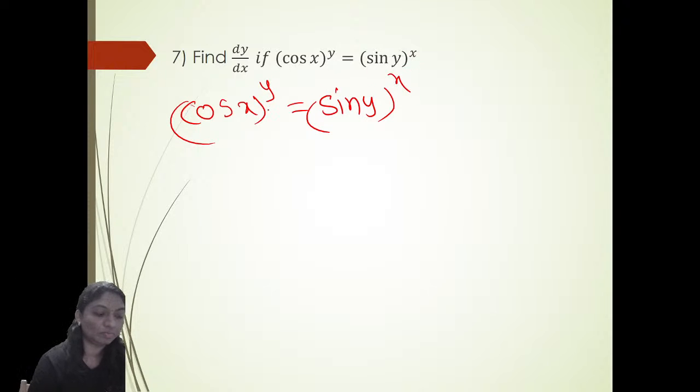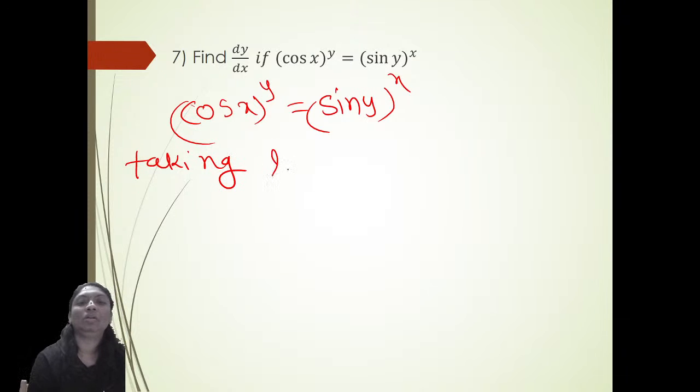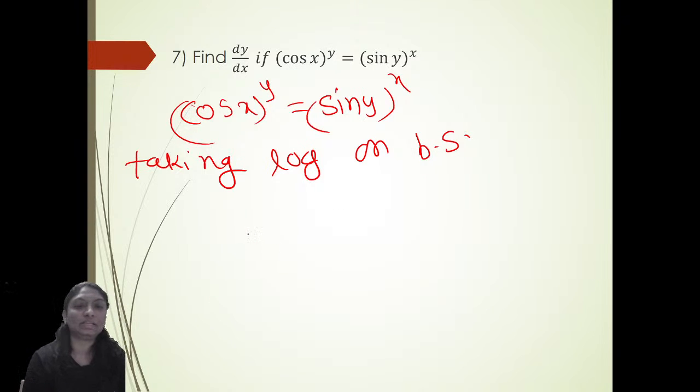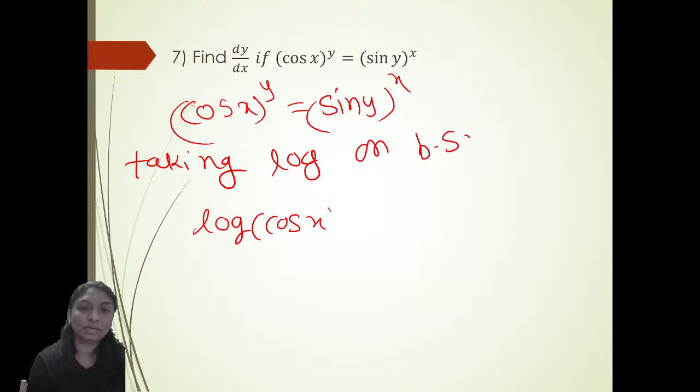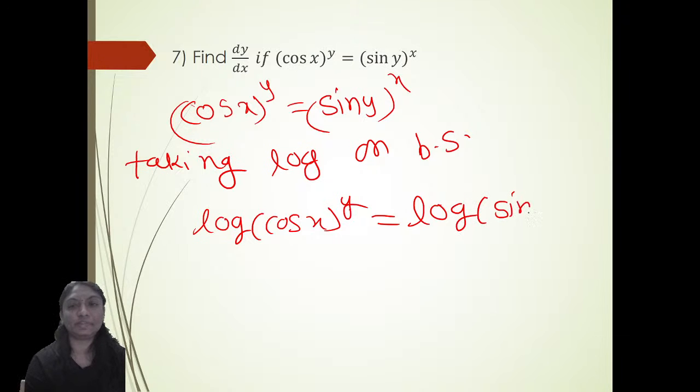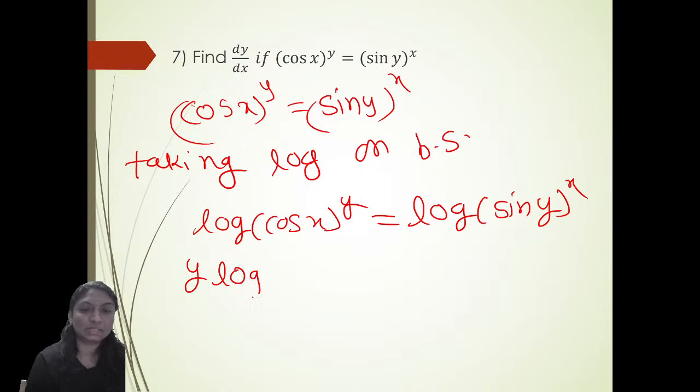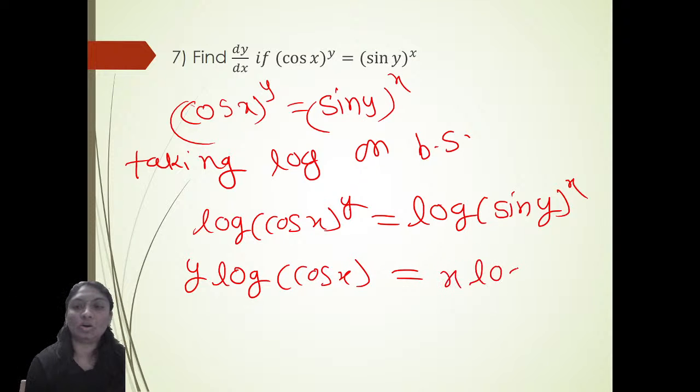Whenever there is a function of the form x raised to y, definitely take a log, it will help you. So taking log on both sides, we will find out dy by dx, that is the total derivative. So log of cos x raised to y is equal to log of sin y raised to x. So here y log cos x is equal to x log sin y, right?